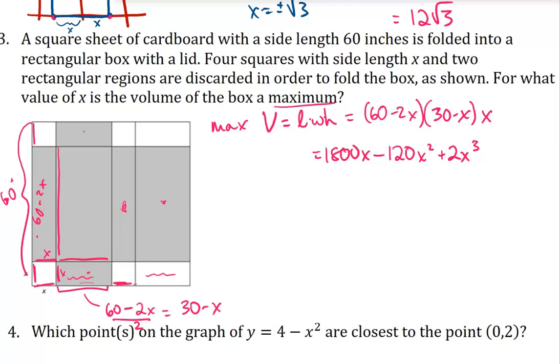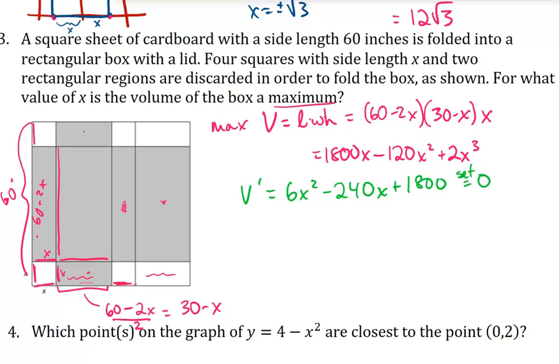We now have volume in terms of a single variable x, and we can do the candidate test at this point. So V prime is equal to, and I'll rearrange it because it'll be easier to factor, 6x squared minus 240x plus 1800, and then we'll set this equal to 0.